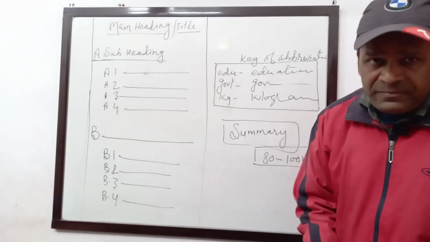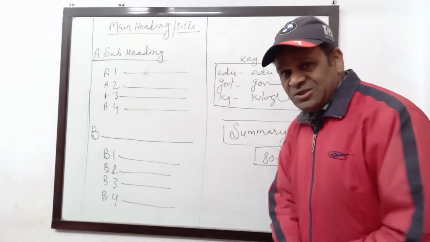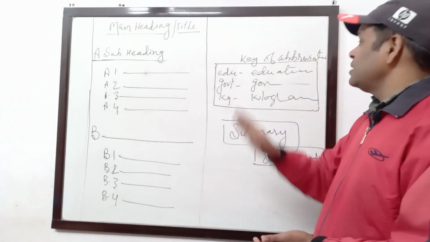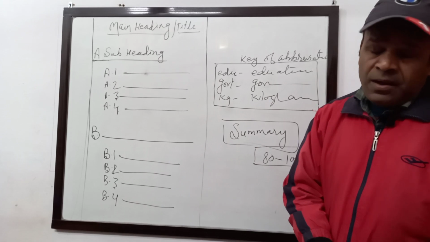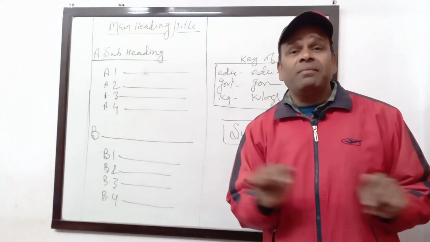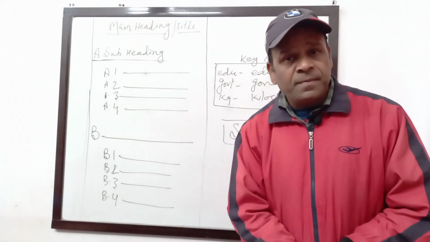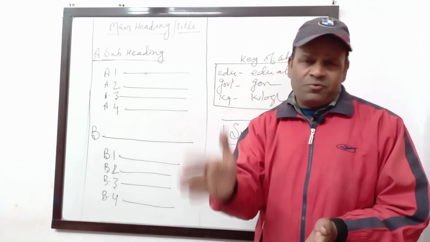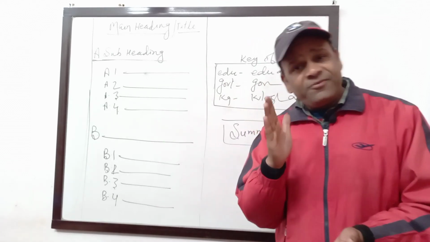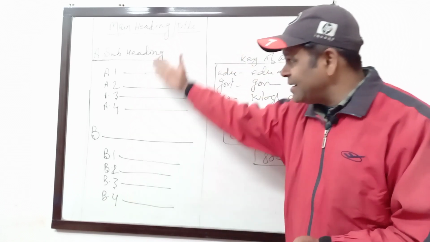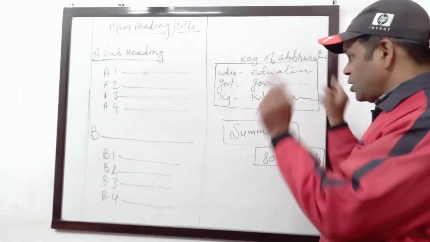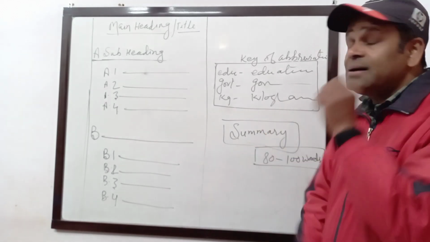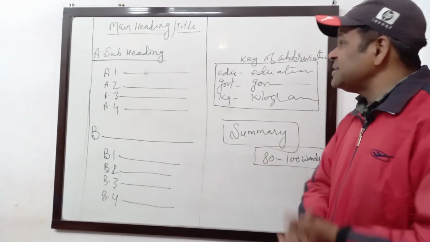4 is enough. Once this part, A, B, C, D part, is over, now just make a list of abbreviations. And that list of abbreviations will be put in a box. Okay, 3 or 4, not more than that. 3 or 4 abbreviations that you have used in that entire note making, you will give a full form of that. Close the box, and then comes the summary. What do we do for summary?